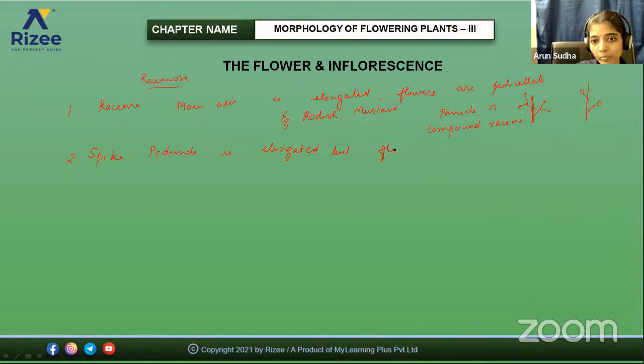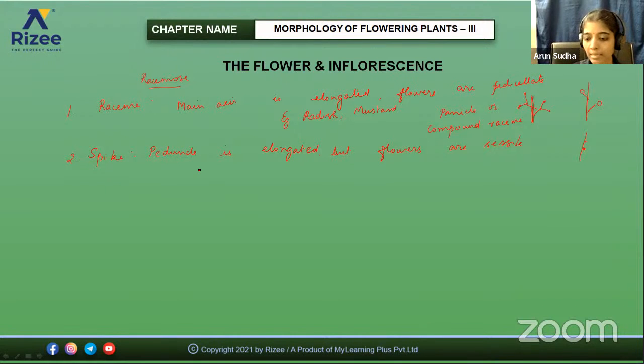What do you mean by sessile? There is no pedicel. If this is the main axis, it will grow and the flowers will be directly attached, with no pedicel and no stalk. So this is the flower. This is the spike: the peduncle is elongated, but the flowers are sessile.